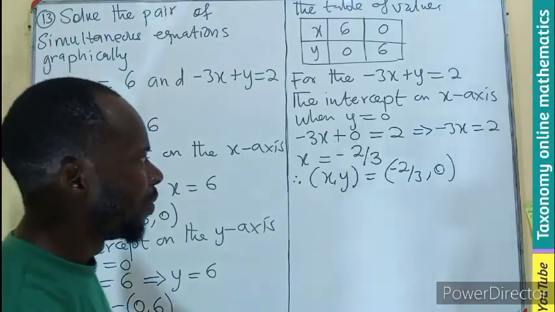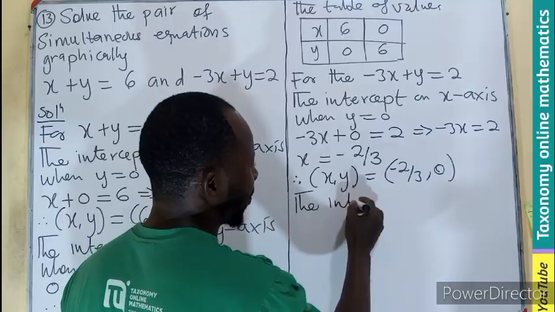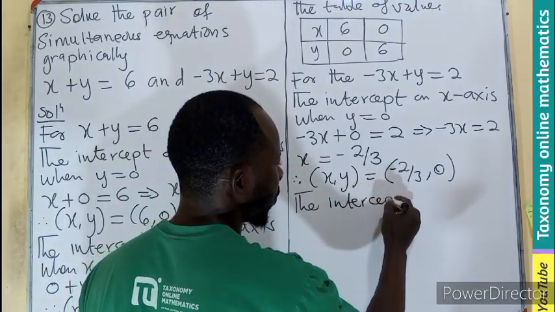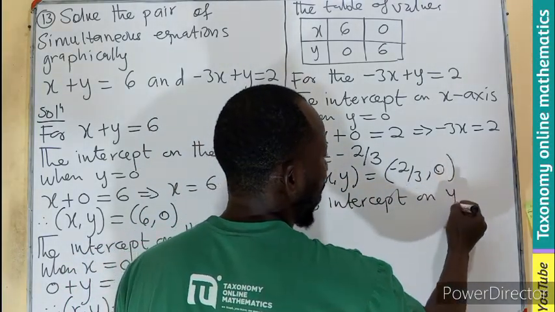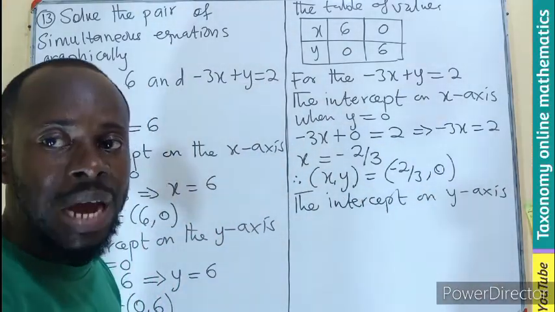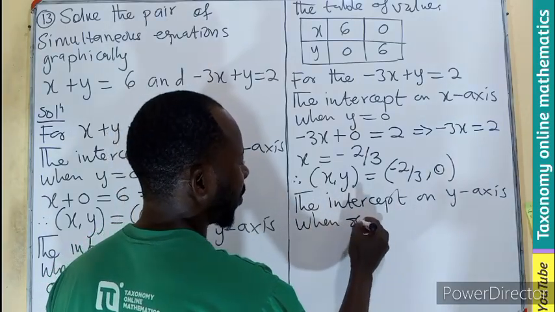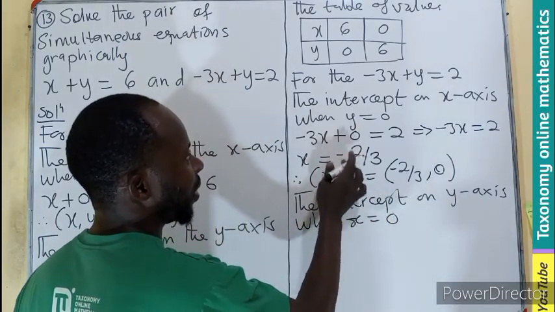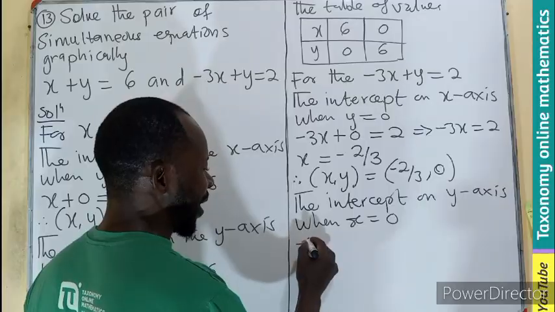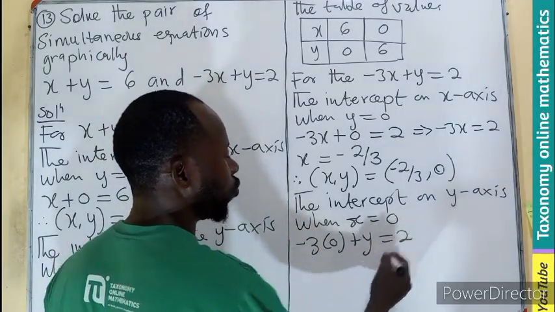Where do we go? We find the intercept on the y-axis, which means put x to be 0. So when x is 0, the equation becomes minus 3 times 0 plus y equals 2.